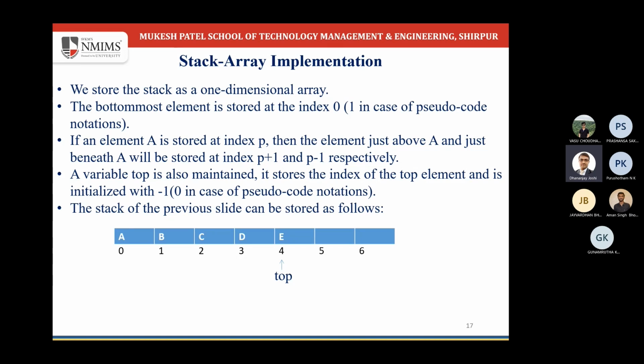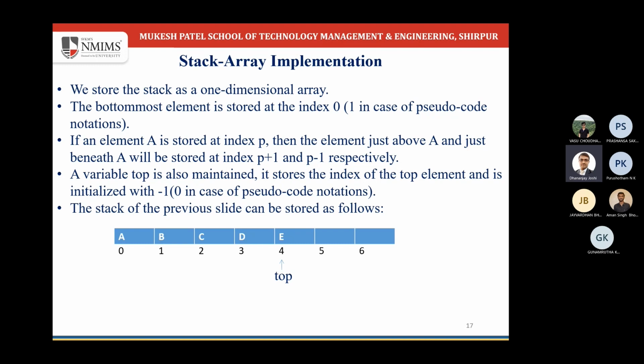The element above it will be stored at index 1, and so on. In that case, if an element is present at index p, the element above it will be stored at index p plus 1, and the element beneath it will be stored at index p minus 1.